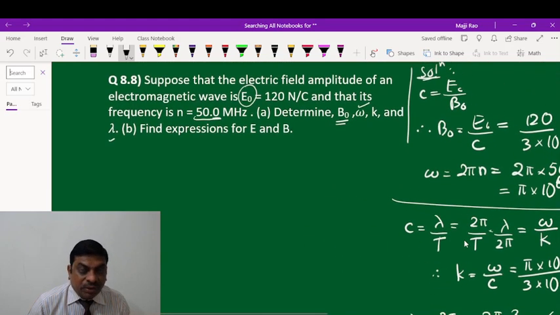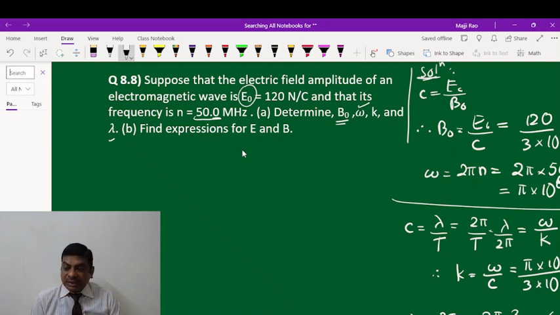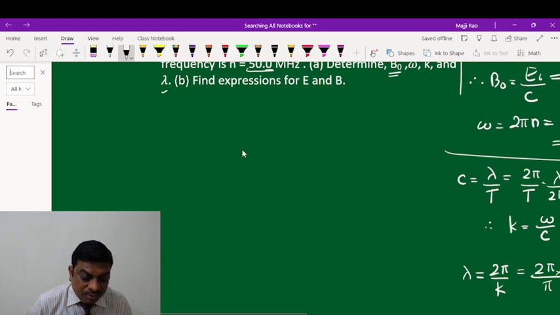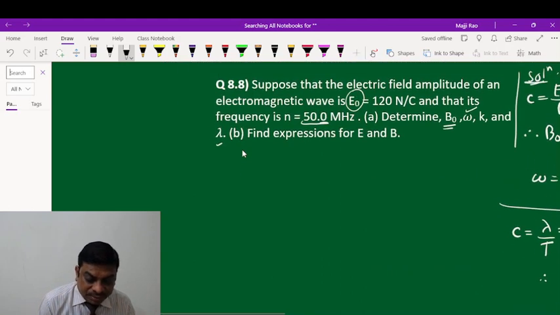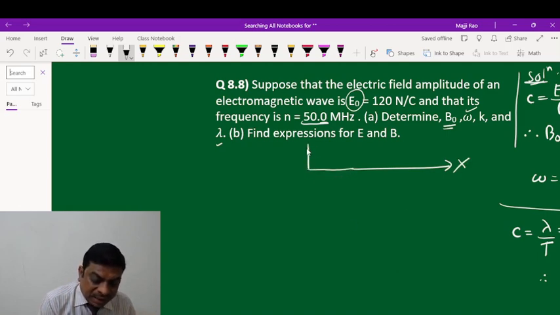Then find expressions for E and B. Since we don't know anything about the direction of propagation, we can only assume certain things. So let us assume the wave is propagating along the x-axis, and at any instant the electric field is along the y-axis.